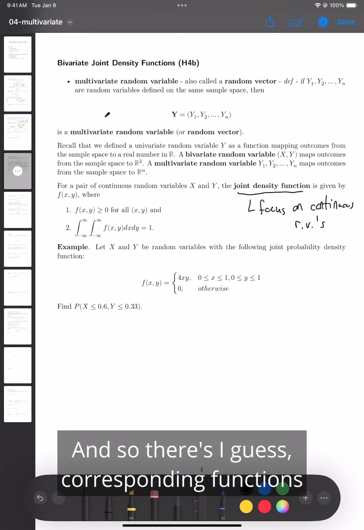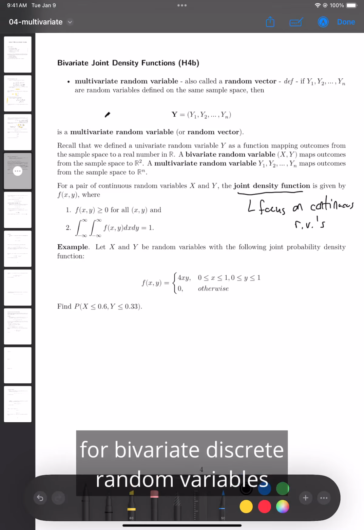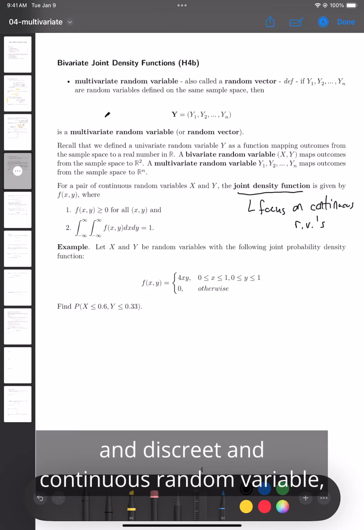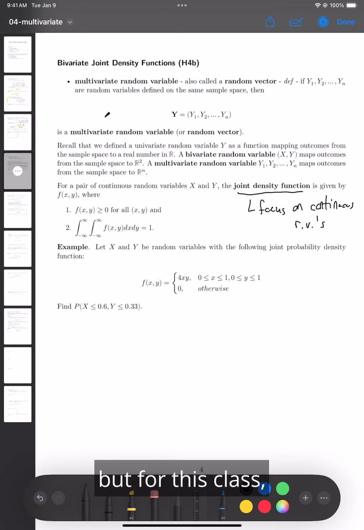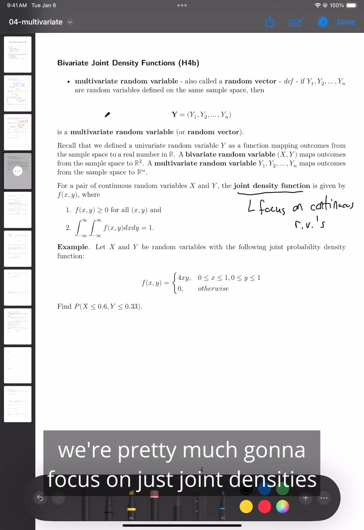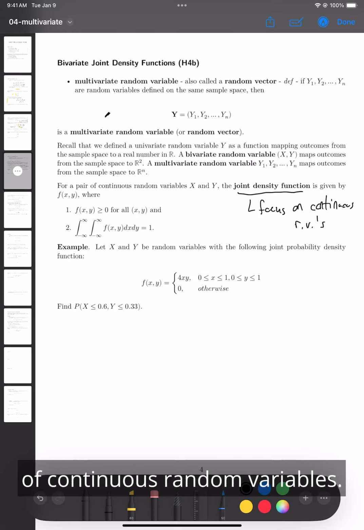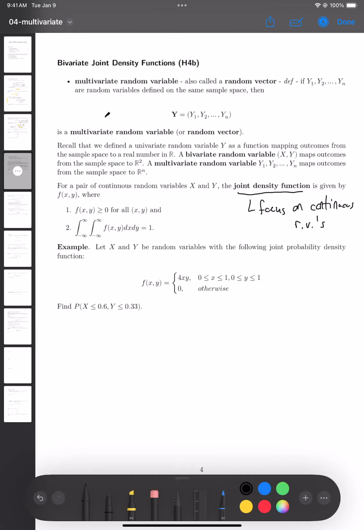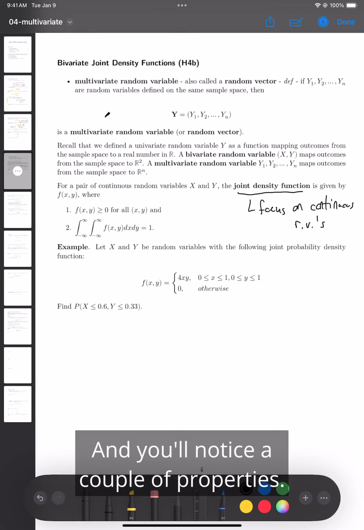And so there's, I guess, corresponding functions for bivariate discrete random variables and a discrete and a continuous random variable. But for this class, we're pretty much going to focus on just joint densities of continuous random variables.